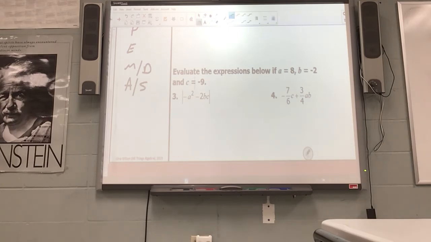Alright. Oh, I got negative 7/6 times negative 9. C was negative 9 plus 3/4 times A is 8 times B is negative 2. Alright, so negative 7/6 times 9. If you don't know how to put a fraction in your calculator, you've got options.